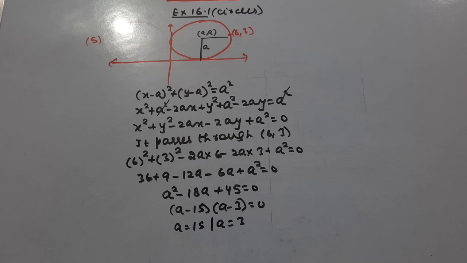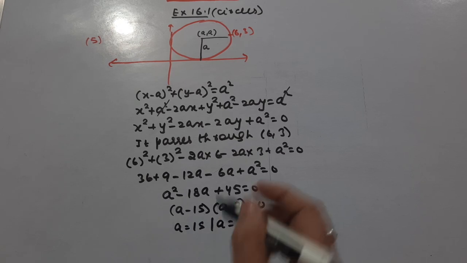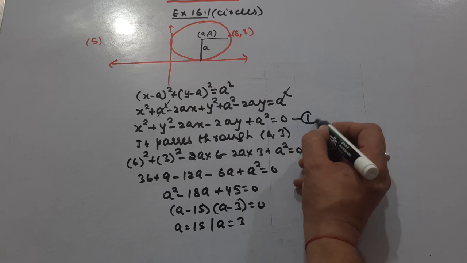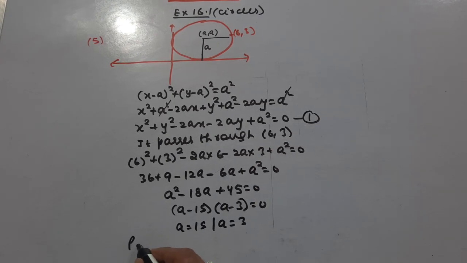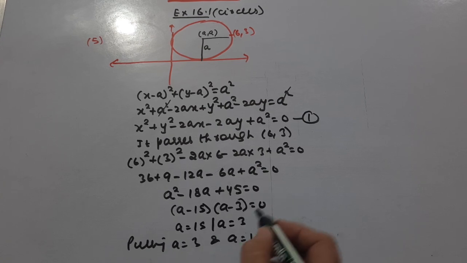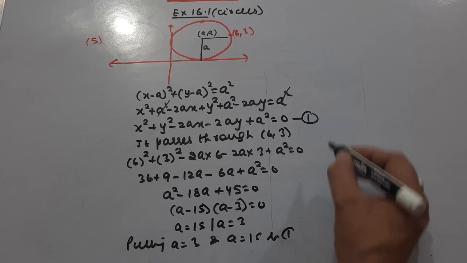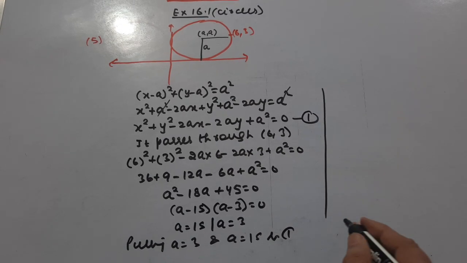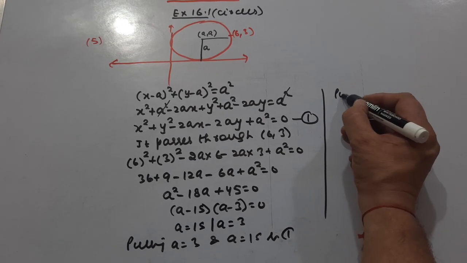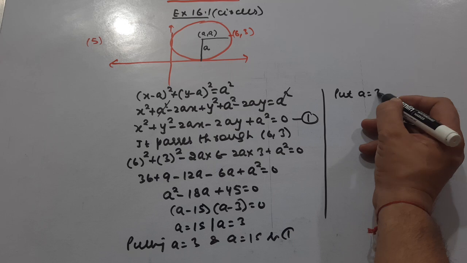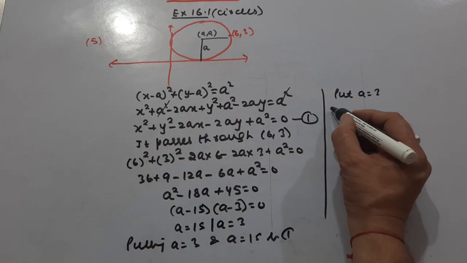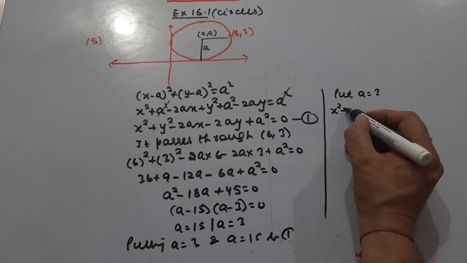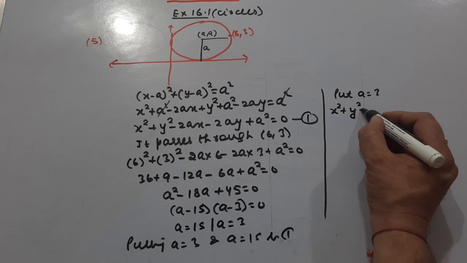So putting the value of a over here, this is number 1. So putting a equal to 3 and a equal to 15 in number 1, let us see over here.